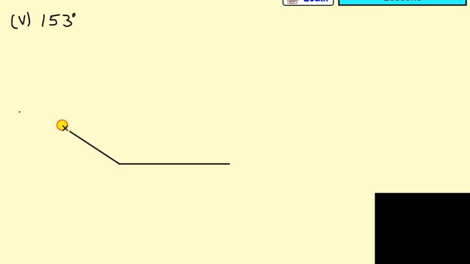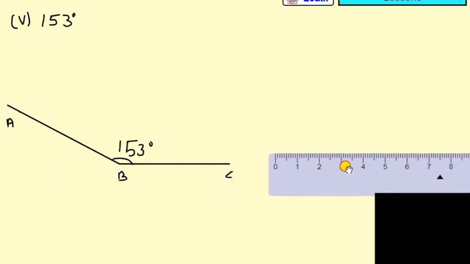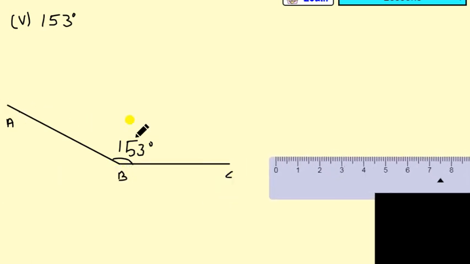Now you can do the same like this. Now keep at this point and measure the angle. This is the angle. So you can measure this angle and make an arc like this. You can do the same thing at this point.